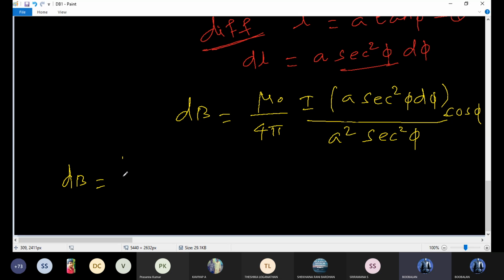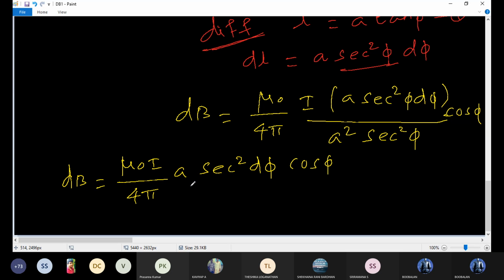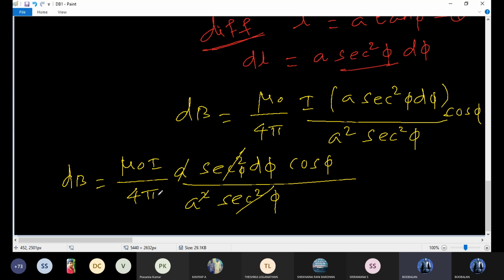dB equals mu naught I divided by 4 pi, A secant square phi d phi cos phi, divided by A square secant square phi. So secant square phi cancels, A square and A cancel.